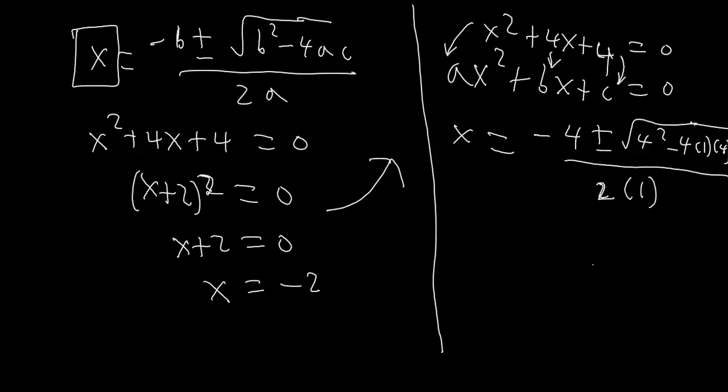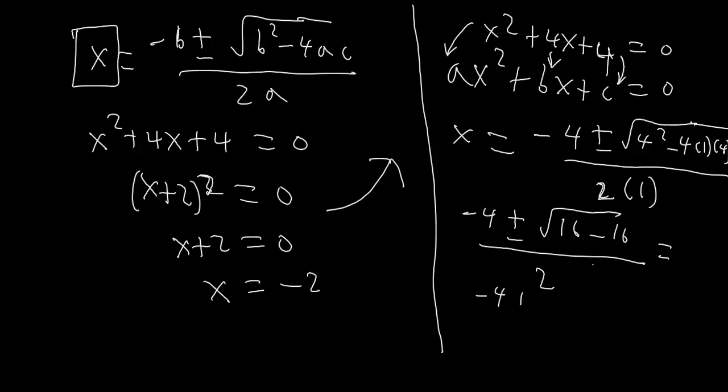Okay? So now, when we solve all of this, we get negative 4 plus or minus the square root of 16 minus 16, over 2. And then this is just equal to negative 4 plus or minus 0 over 2, since 16 minus 16 is 0, and the square root of 0 is just 0.